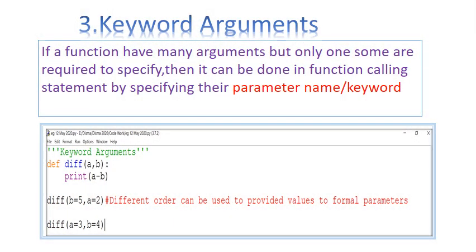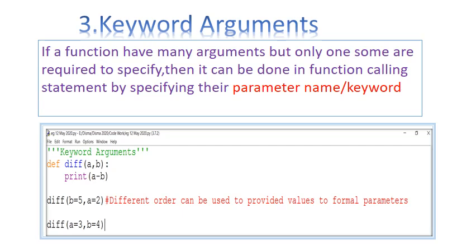Now we are going to see the third type of arguments. It's called keyword arguments. Many times when we are going to create functions, it will have multiple formal parameters, and you have to remember the order in which these arguments are given if you are going to use the positional style.